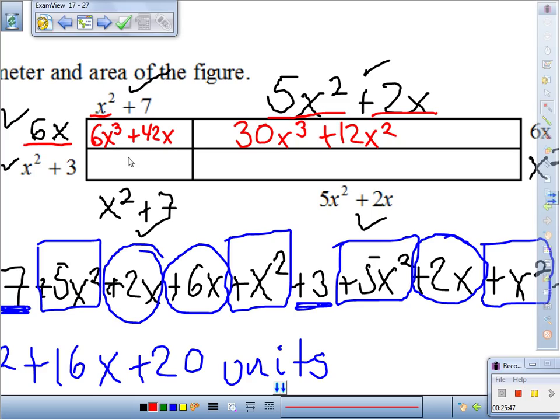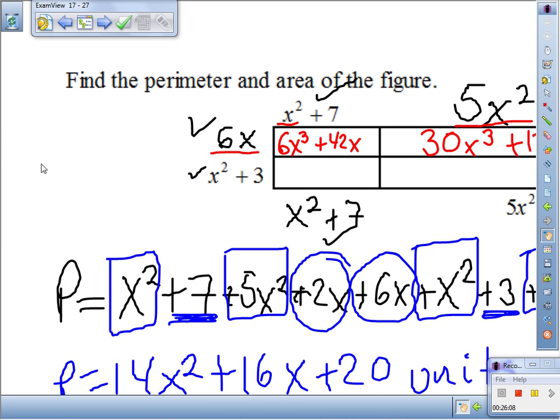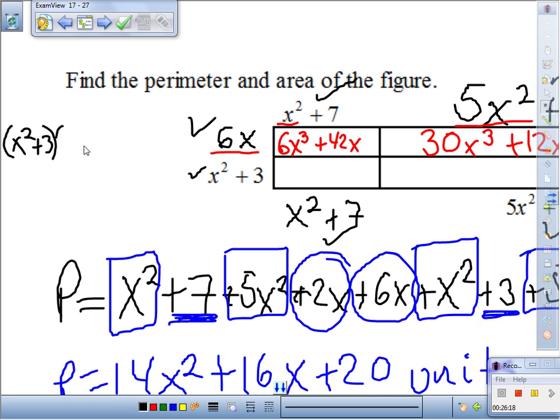So for the multiplication of these two, look up, please. Of these two, I'm going to do them over here on the side using distributive properties. There it goes. I'm going to write x squared plus 3, and what is the other one? X squared plus 7. Focus, please.